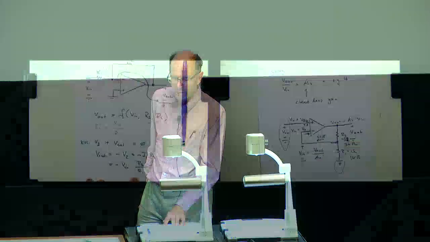So now we've analyzed our circuit. Hey, it's kind of interesting. This also is a gain stage if you want. It multiplies the input with R2 over R1. But there is this minus sign here.